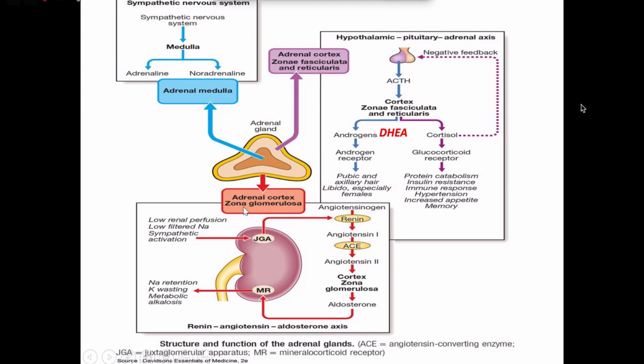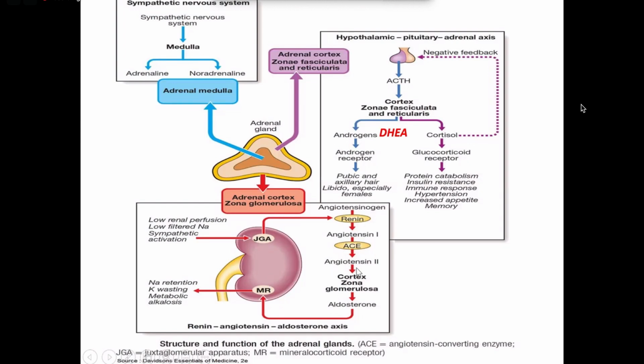While the zona glomerulosa is under the direct effect of the renin-angiotensin-aldosterone system. So in cases of low renal perfusion or low sodium, this will stimulate the kidneys to release renin that converts angiotensinogen to angiotensin 1 through the ACE.